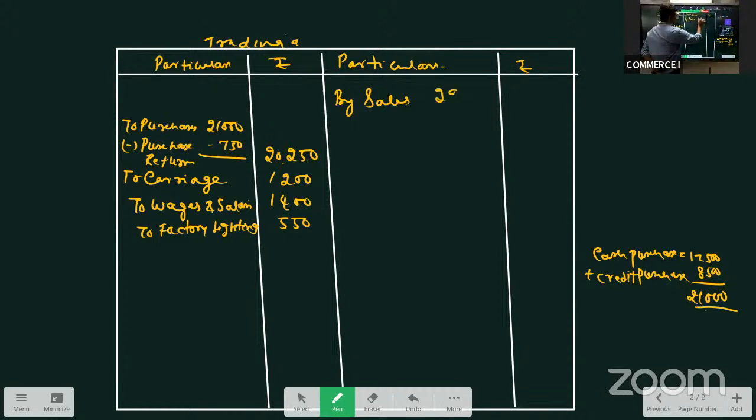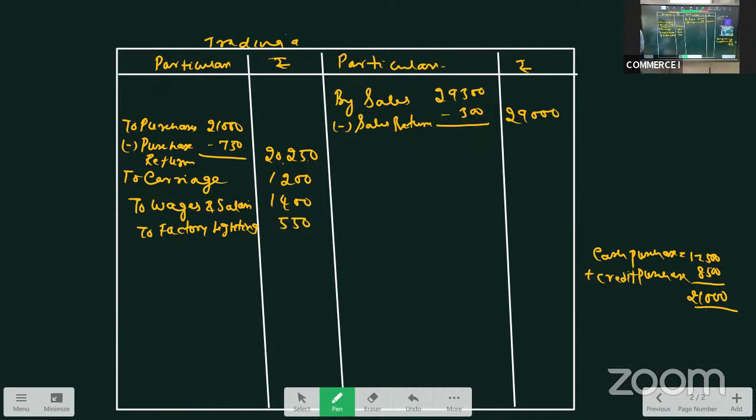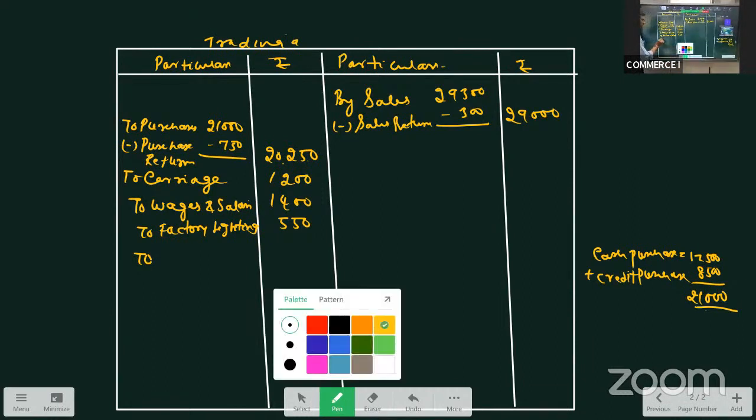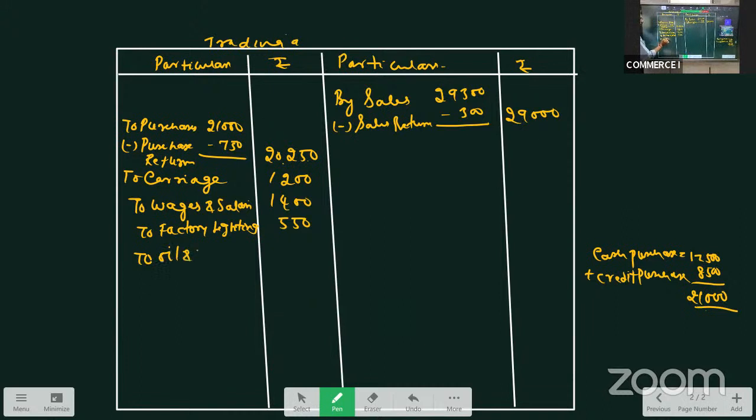Sales are given as 29,300 and sales returns are 300. Deduct and take 29,000 in the outer column. Then oil and fuel. Oil, fuel, coal, gas, water. Yesterday I told you in the format, no? All these will appear in trading account only. To oil and fuel, we have 900.